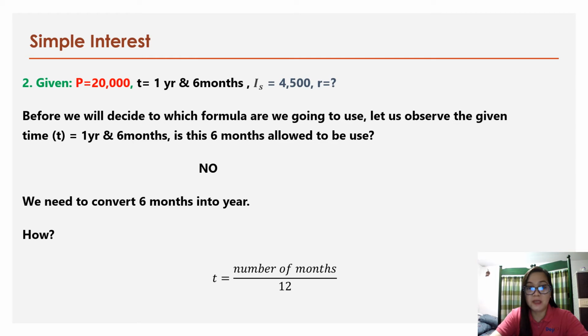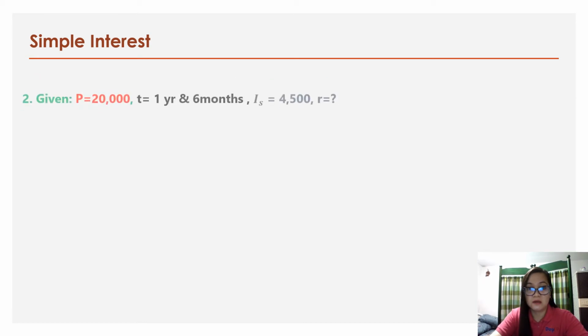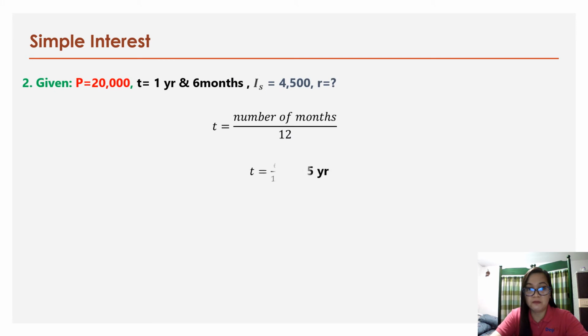After converting months to years, we will add that to the given time, which is 1 year. Substituting the value, we have 6 divided by 12 is equal to 0.5. Therefore, our time now is equal to 1.5 years.